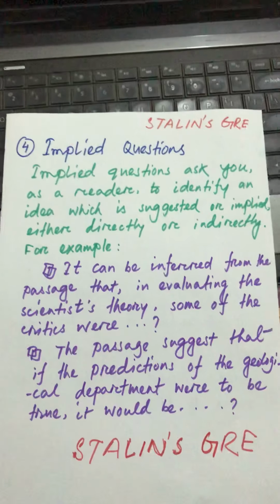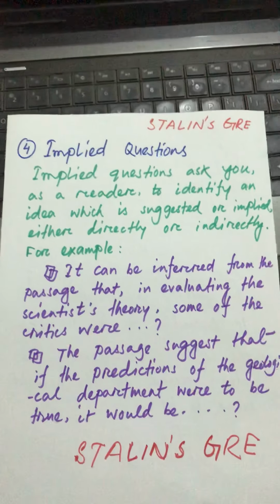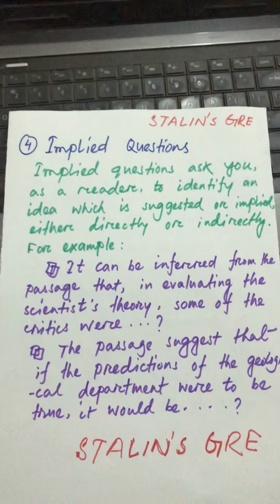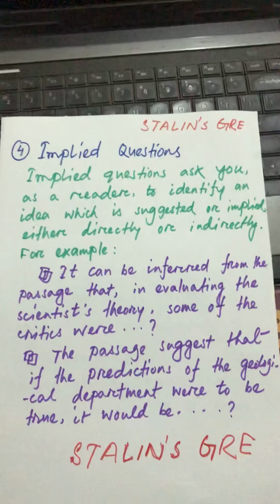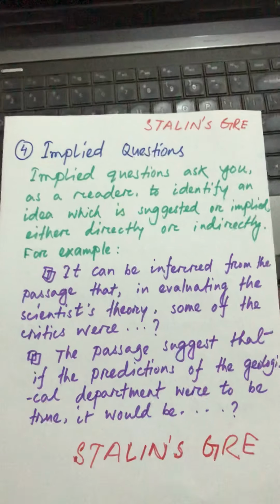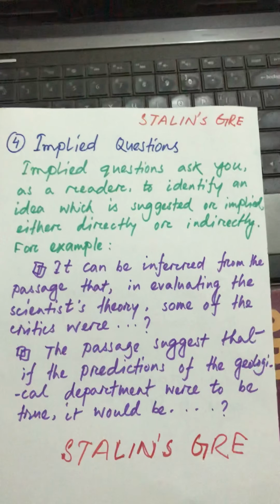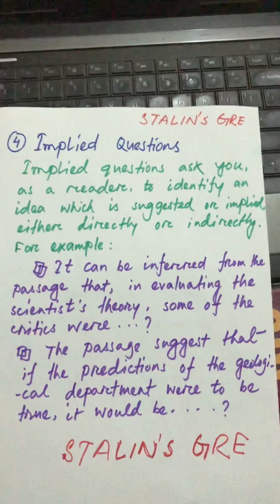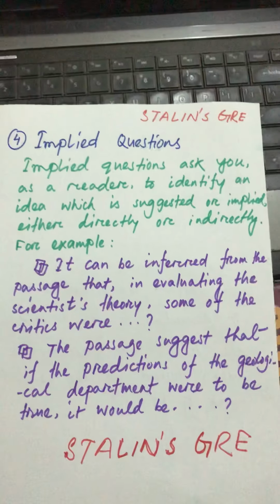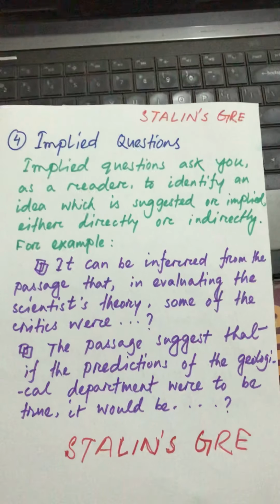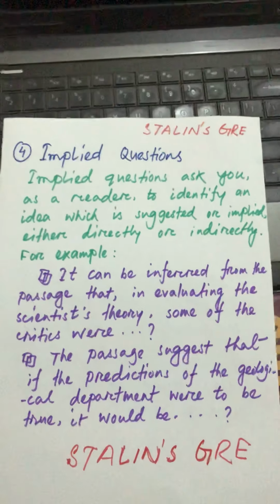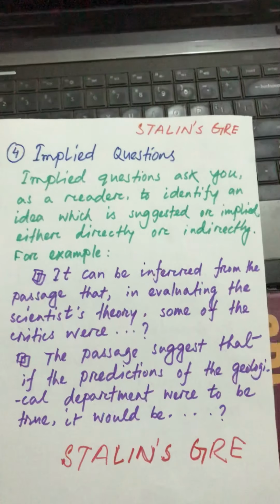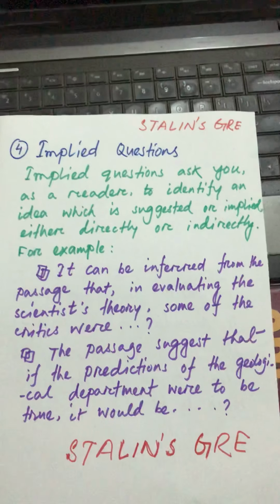Okay, what about the evaluation of the scientific theory, and what was the thought of some of the critics about it? And the passage suggests that if the predictions of the geological department were to be true, it would be... So what are the predictions of the geological department?